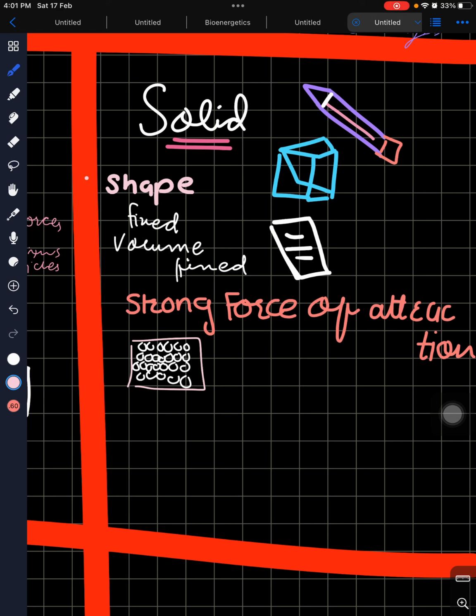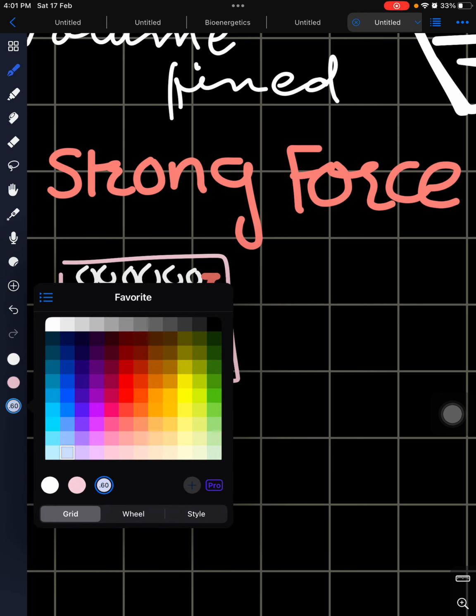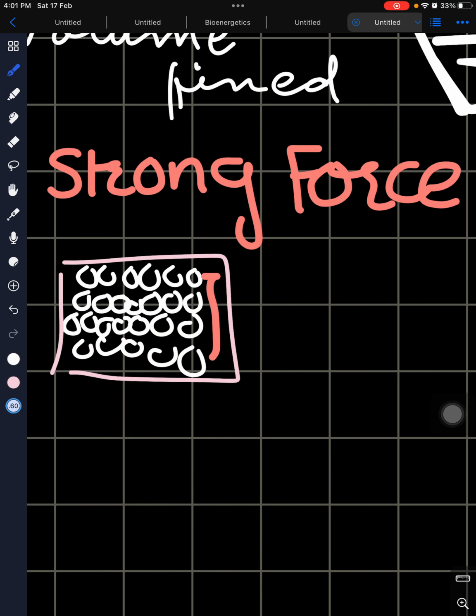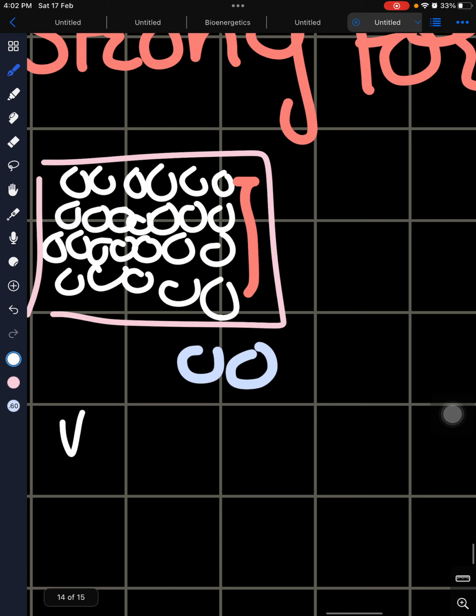The particles are compactly packed together, tightly packed, joined together. Then, what is the mode of motion? They have a vibratory motion. What do you mean by vibratory motion? It means they do not move around.